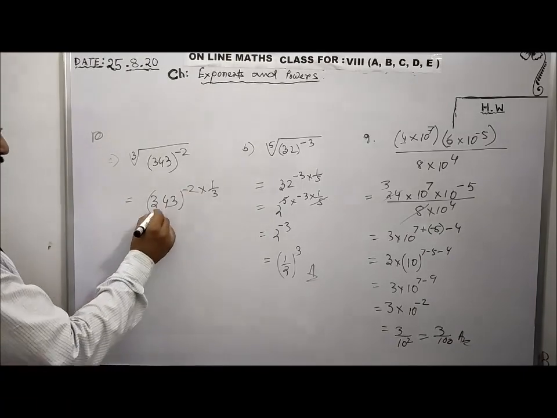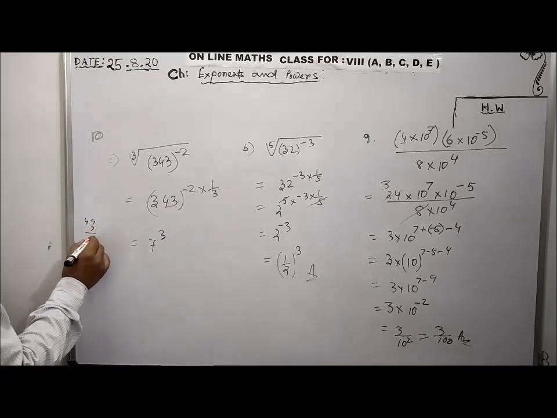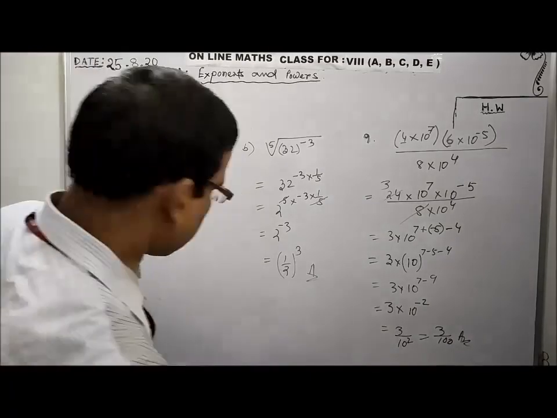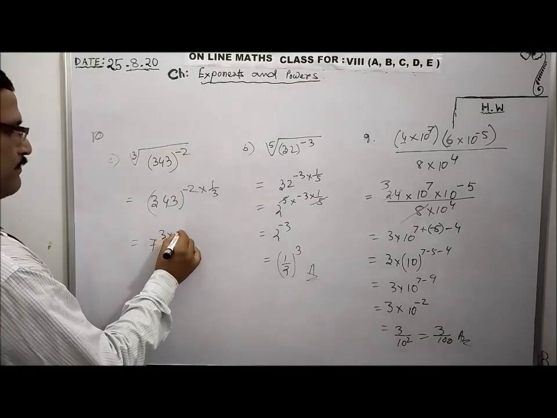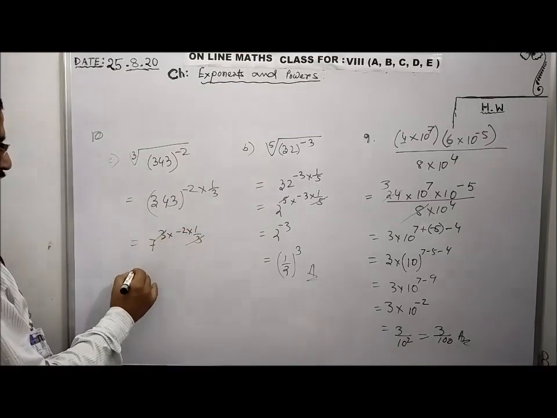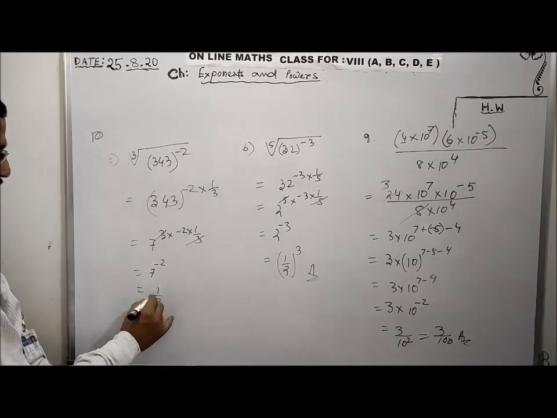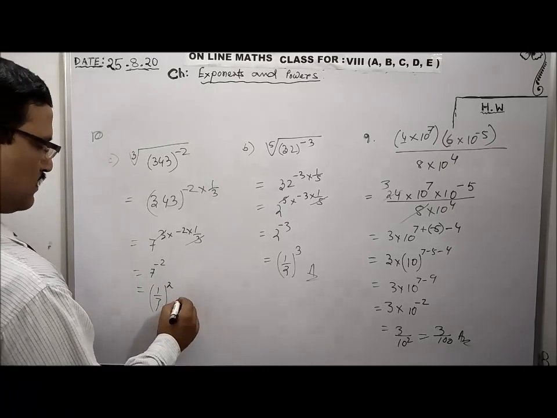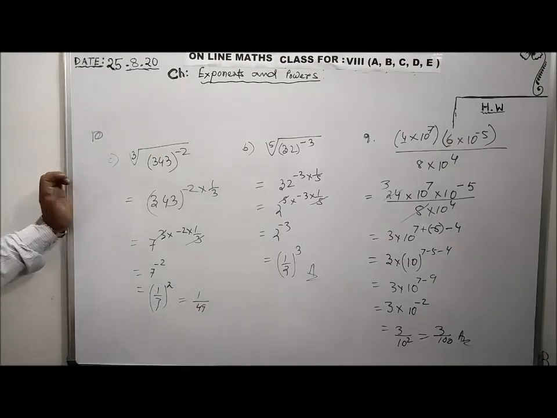If I multiply 7 three times, 7 7s are 49, 49 into 7 is 343. So 7 raised to 3 multiplied by minus 2 into 1 by 3. This 3 gets cancelled, so 7 raised to minus 2, or 1 by 7 raised to 2, with positive 2. Or you can write one step more, 1 by 49. 7 7s are 49. Okay.